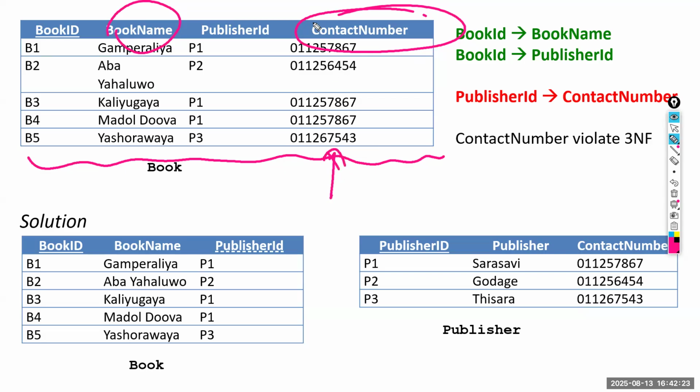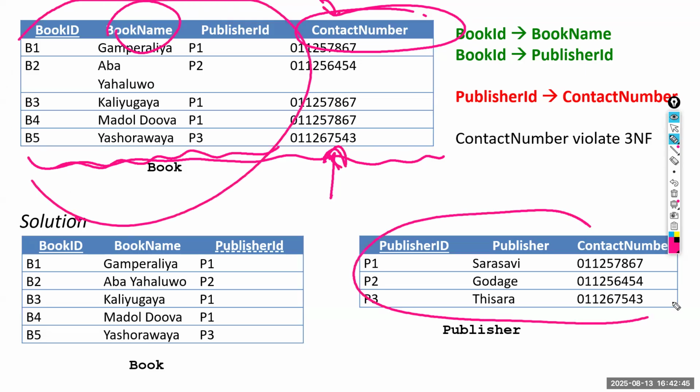Yes, we know that this is violating the normal form and this is transitive dependency. Still, we keep it simply because we need this information most of the time when we need book details. Let's assume. Otherwise, there's a join. You need to take some data from book table, then take data from publisher table, because contact number is here. And you will learn how to do those joins in SQL.